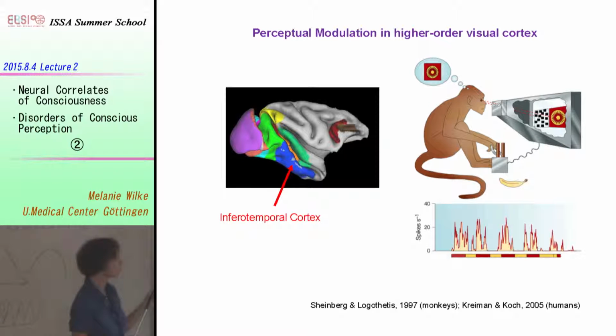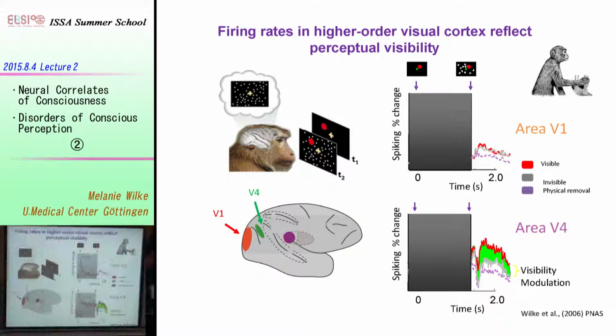But can I ask you a question? In this case, how are we sure we are looking at the response to the target rather than to the suppressing motion stimuli? Is there a way to dissociate the response to the target from that? Here there's only a target shown.